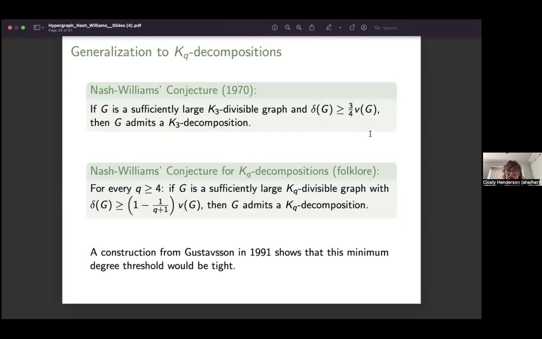It states that for every Q at least 4, if G is a sufficiently large KQ divisible graph with minimum degree at least 1 minus 1 over Q plus 1 times the number of vertices, then G admits a KQ decomposition. This generalizes the Nash-Williams conjecture because if we plugged in Q equals 3, we would get that 3/4 number. And a construction from Gustafsson in 1991 shows that this minimum degree threshold would be tight.